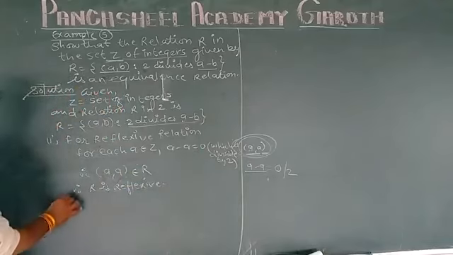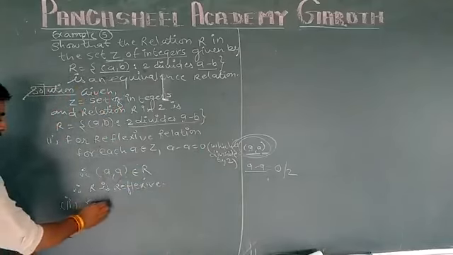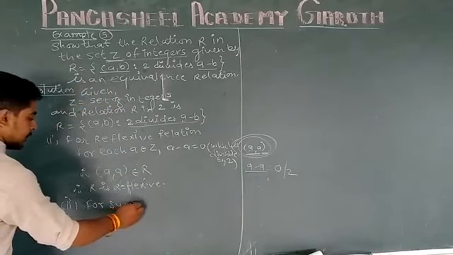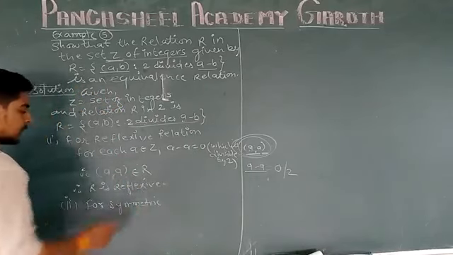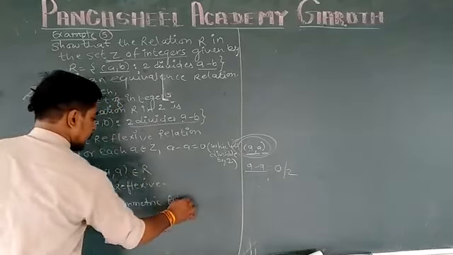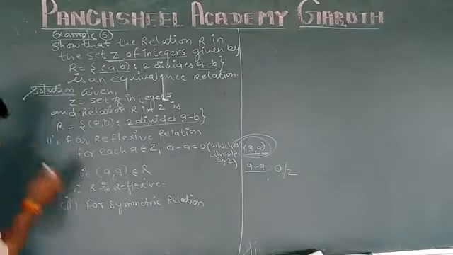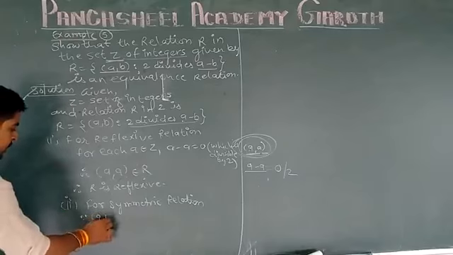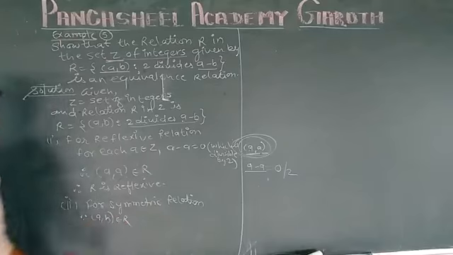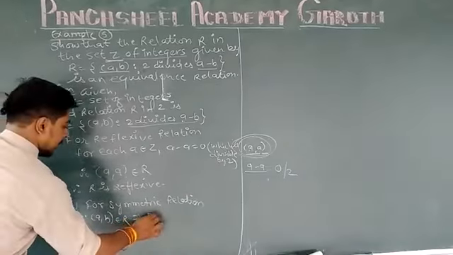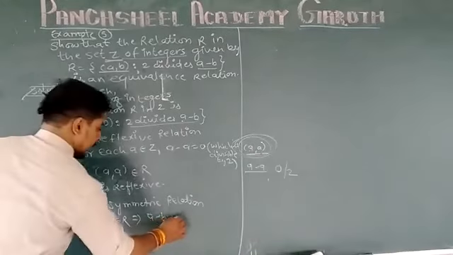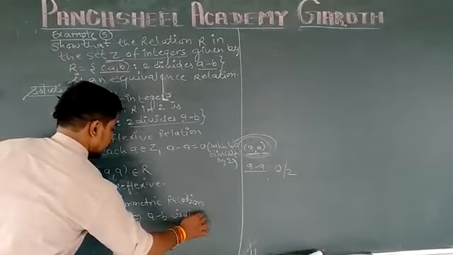Next, for symmetric relation. For symmetric relation, we know that since the relation contains the ordered pair (A, B), it implies that A minus B is divisible by 2.